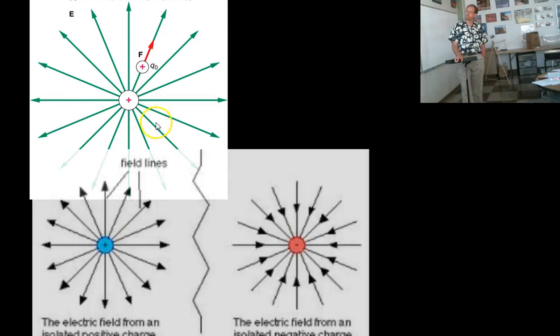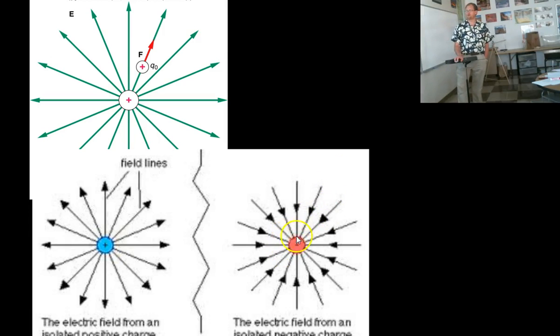We would imagine that the field lines go in the directions that a small positively charged test charge would go if you dropped it into the field. So if there's a strong source of positive charge and you drop a little source of positive charge into that field, it's going to run away from the big source of positive charge. So these lines extend outwards in all directions from a source of positive charge. And again, the lines all point inward to a source of negative charge.